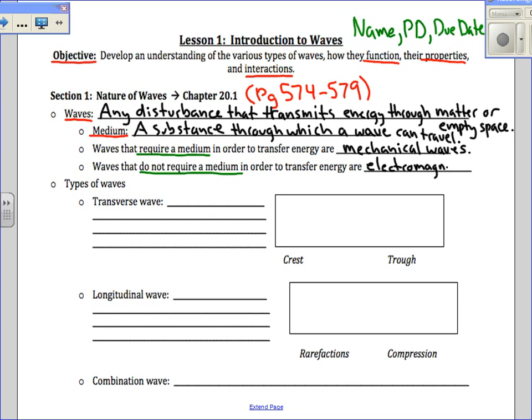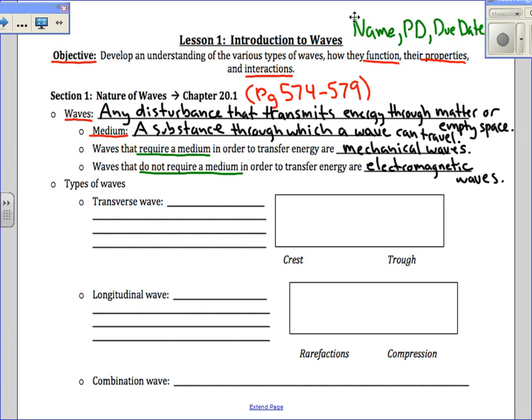Examples of these include different types of waves throughout the light spectrum, such as X-rays, gamma rays, radio waves. Okay, there's many good examples. Though these do not require a medium, they can still go through glass, air, or water.